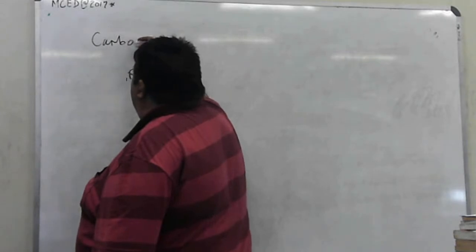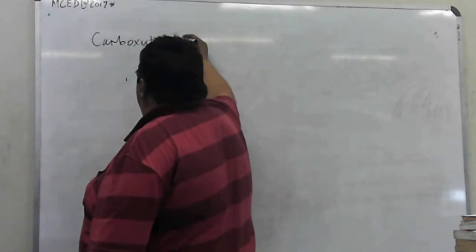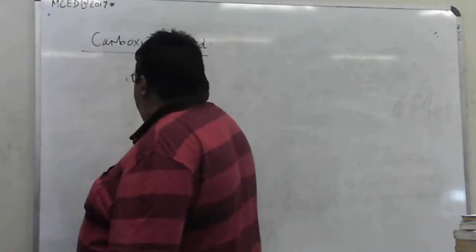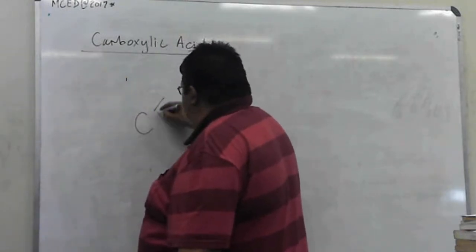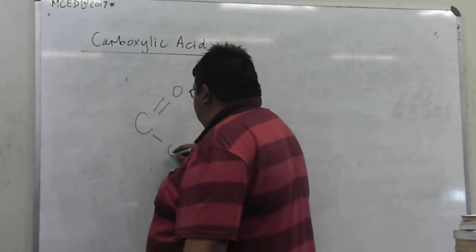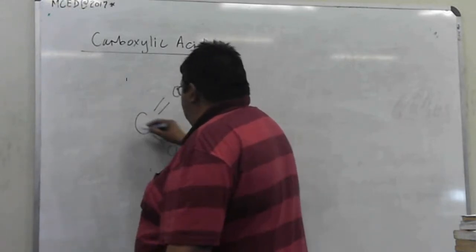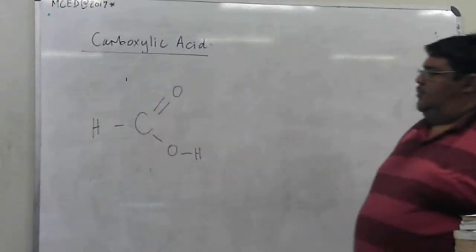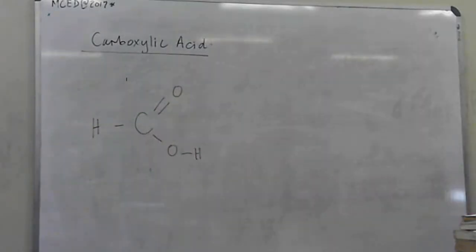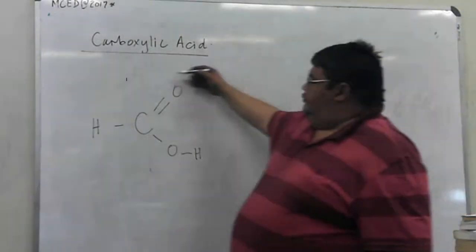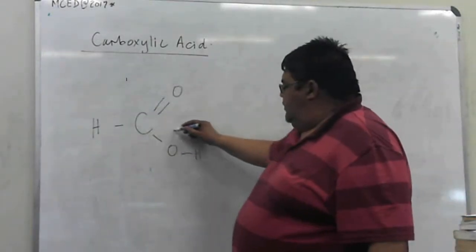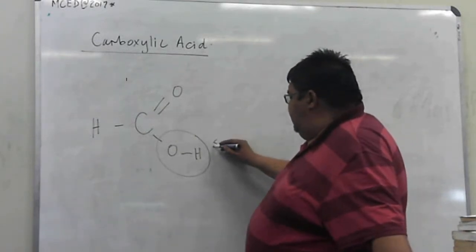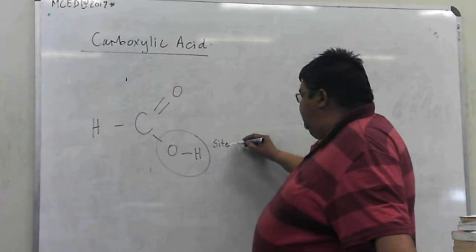So we've looked at alcohols, let's look at the carboxylic acid. Right, so carboxylic acid, and that is methanoic acid, has a carboxyl group. Now the carboxyl group consists of a hydroxyl group. Okay, I immediately recognize that. That is a site for hydrogen bonding.